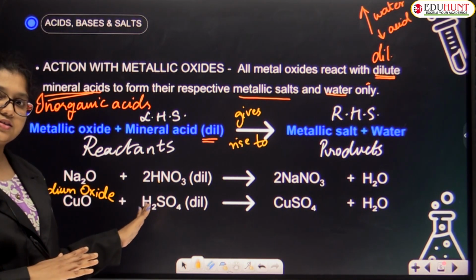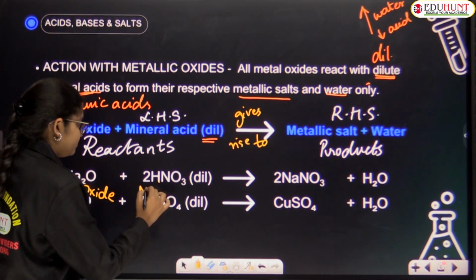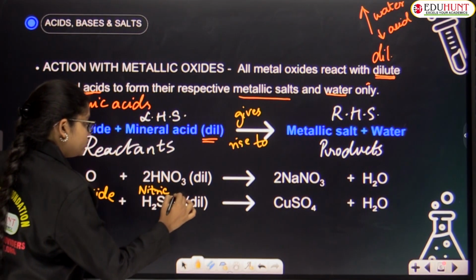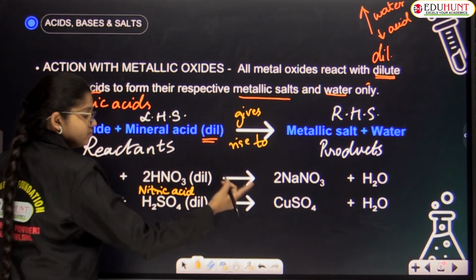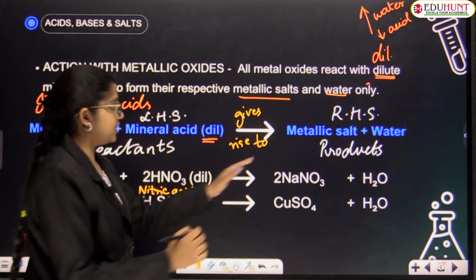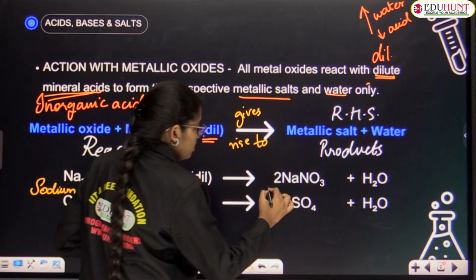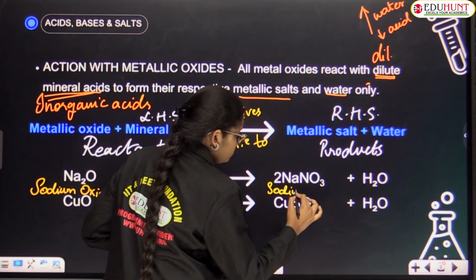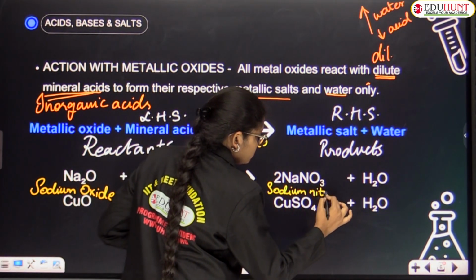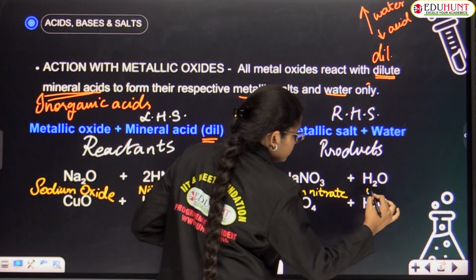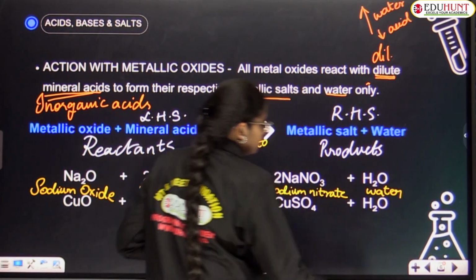Yes, the strong acid, nitric acid. Nitric acid gives rise to a metallic salt. Which metal is there? Sodium metal. So, sodium nitrate. And finally, H2O means water. Very good.